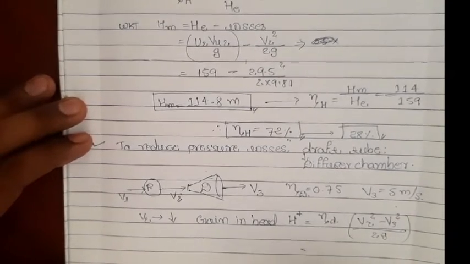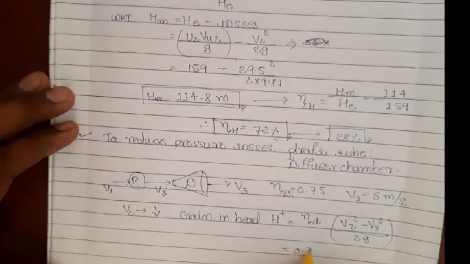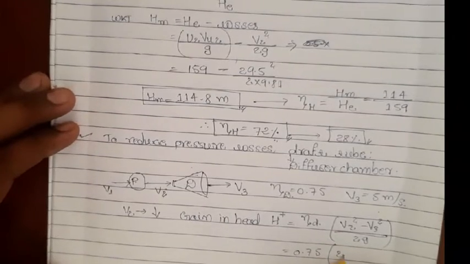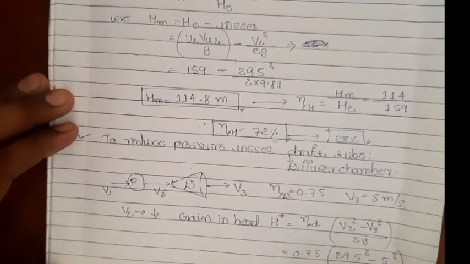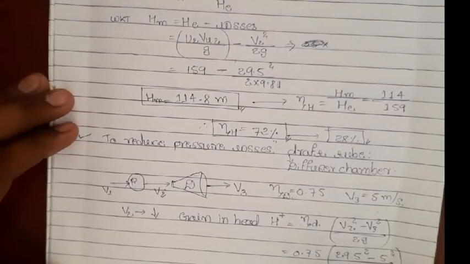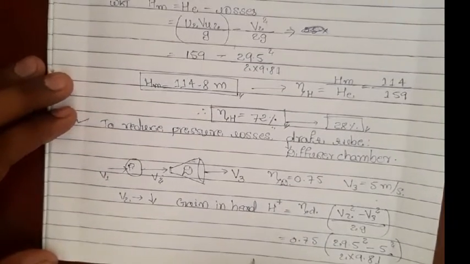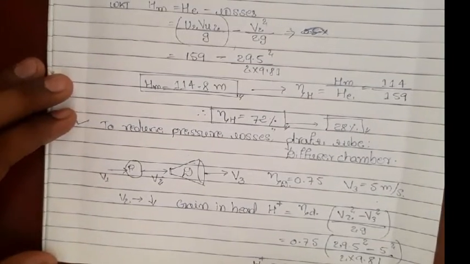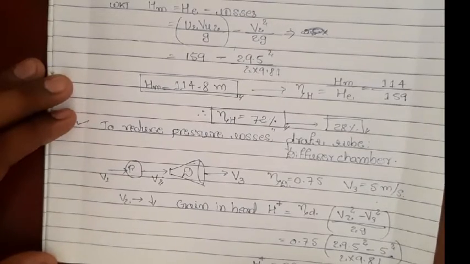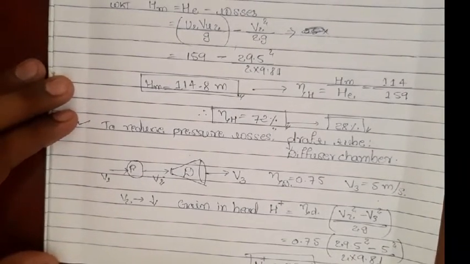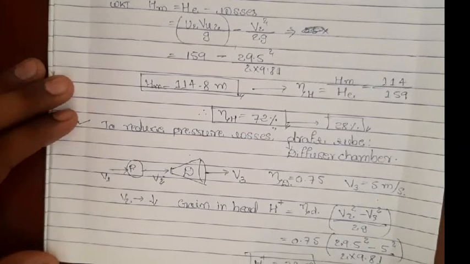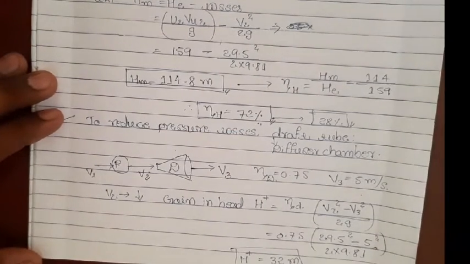Let me substitute 0.75 into 29.5 square minus 5 square whole divided by 2 into 9.81. I will get H plus, the gain in head because of the diffuser, as 32 meter. That means when I fit this diffuser, I will get 32 meter extra head.